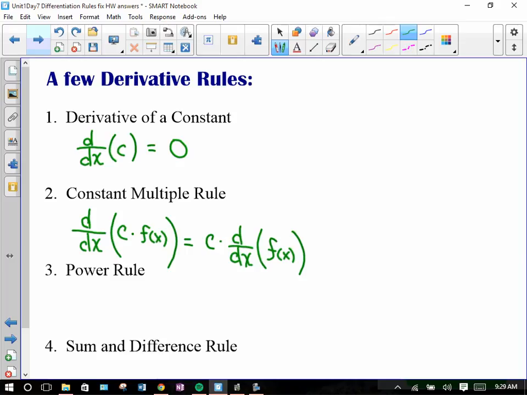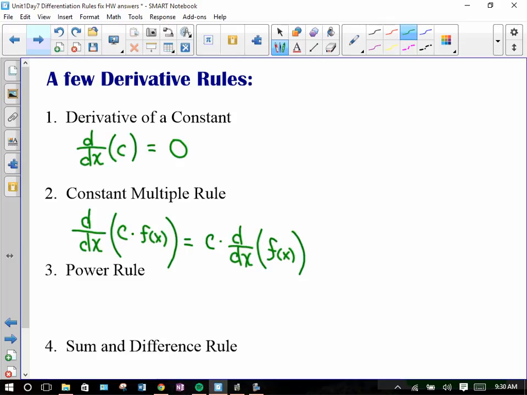So what that allows you to do is to pull out the constant from the front of the function and take the derivative of the function. Now, we're going to use this, but the way we're going to use it right now is sort of intuitive. It's not going to be explicitly said we're using it. That would be a rule that helps us more when we start taking the derivatives of more complex functions.